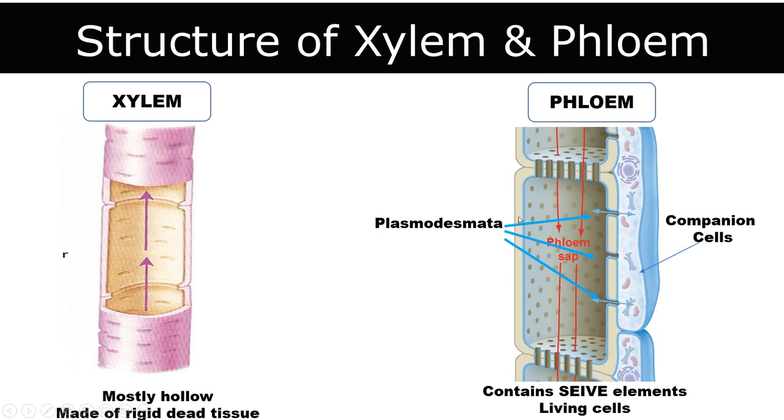So when we compare and contrast these two, xylem moves water, phloem moves the food. Xylem is dead tissue, whereas phloem is living. You've got these companion cells transporting an organic compound we'll later learn is sucrose through these plasmodesmata.